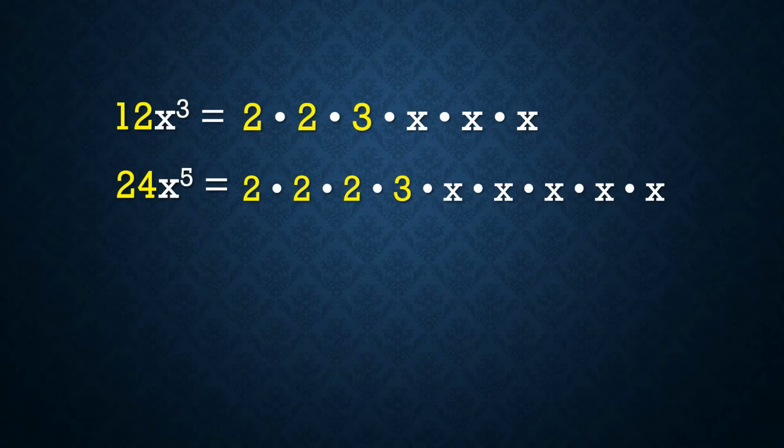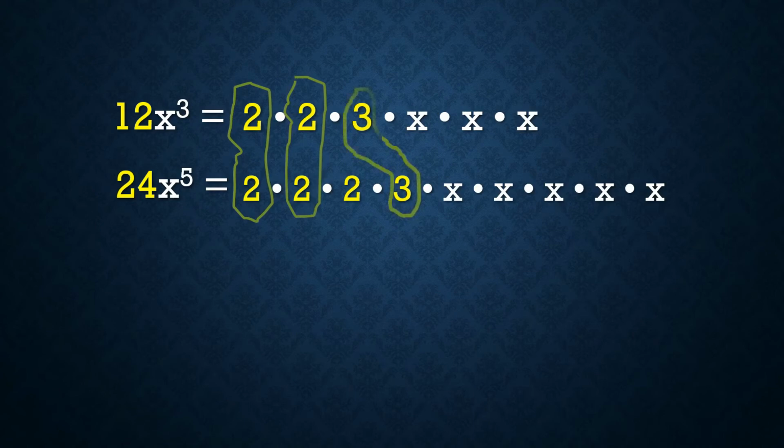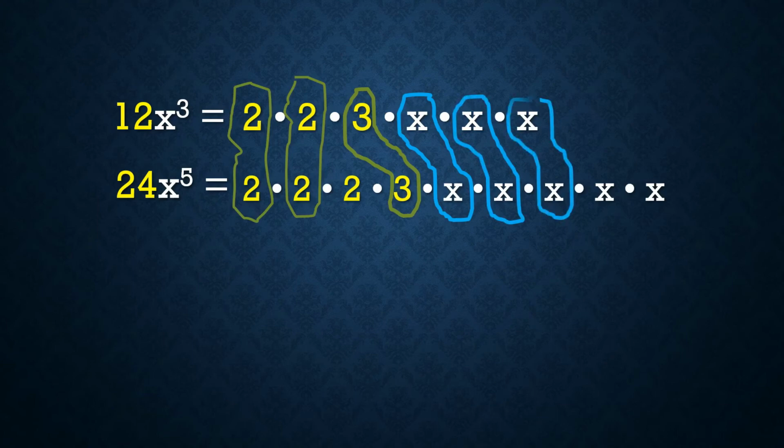We are going to encircle the common factors that they have. We have 2, another 2, and a 3, an x, another x, and then finally another x. The next step is just to multiply them together to get the greatest common factor.